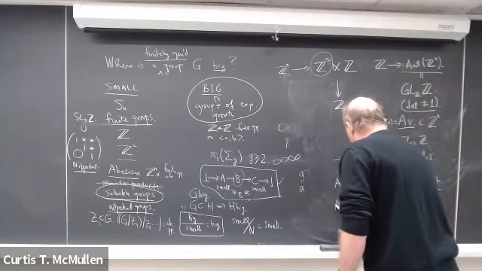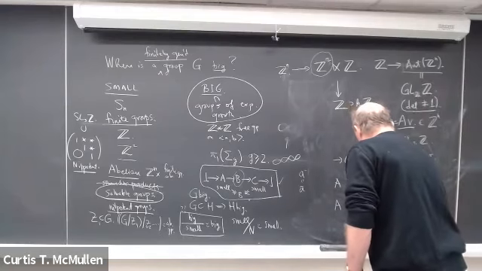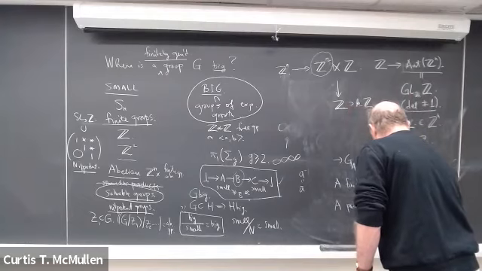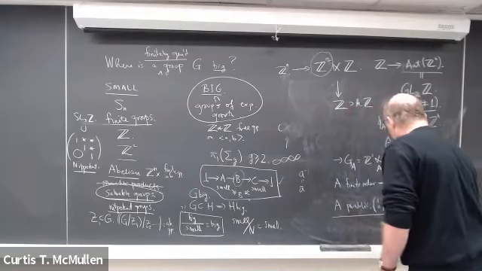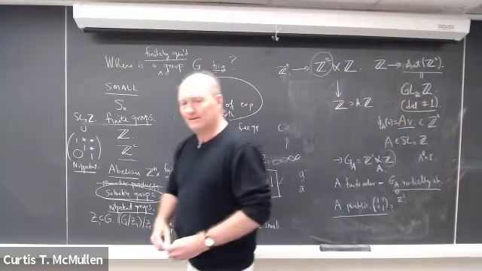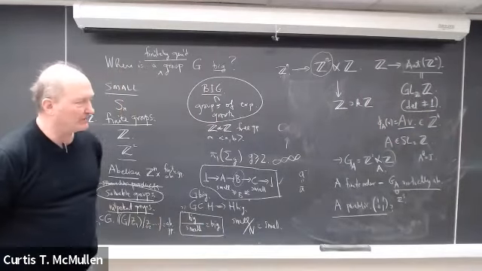What happens if A is parabolic? For example, what if it's 1, 1, 0, 1? What kind of group do we get?